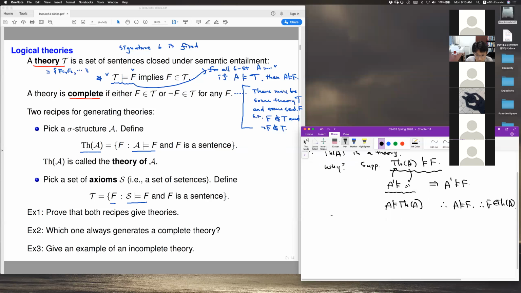And then for the second, we said this T, which is generated from a set of axioms, let's call it S, is a theory. Why is that the case?